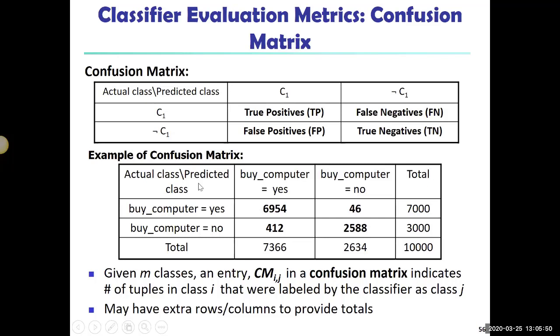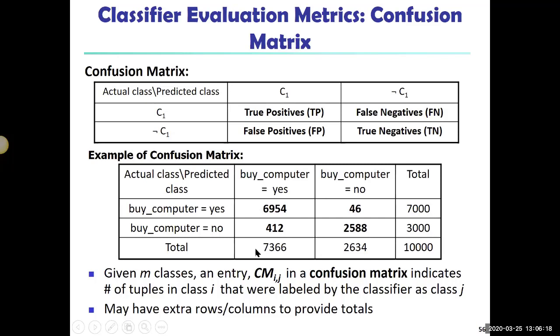Again using our buying computer or not example, this learning algorithm predicted this many buyers and this many people not buying, but our truth says you have a total of 7,000 going to buy and 3,000 not going to buy.